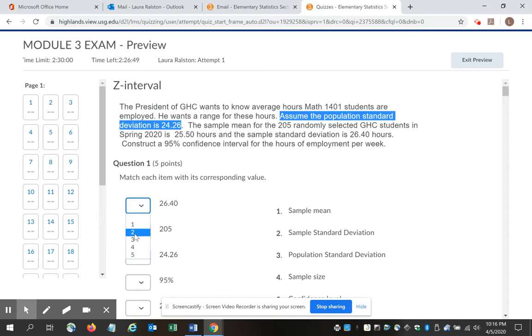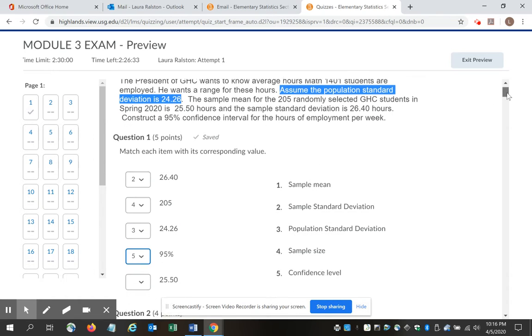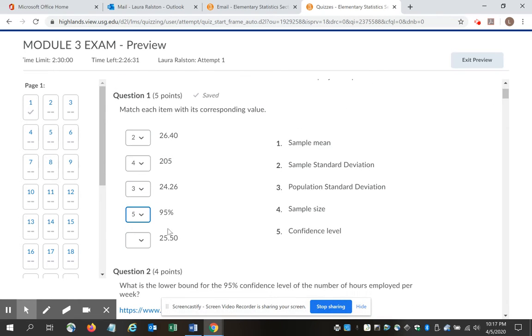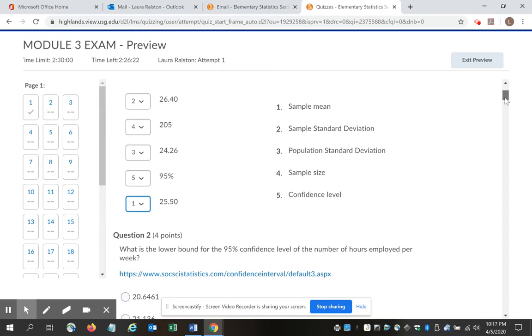So that's number 2. 205 was my sample size. 24.26 was the population standard deviation. My confidence level was 95%, and the sample mean was given as 25.5. And so I need to construct that.